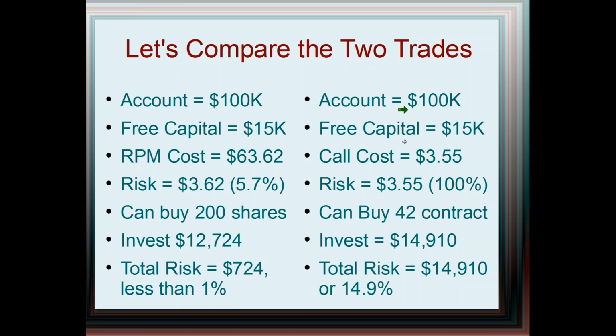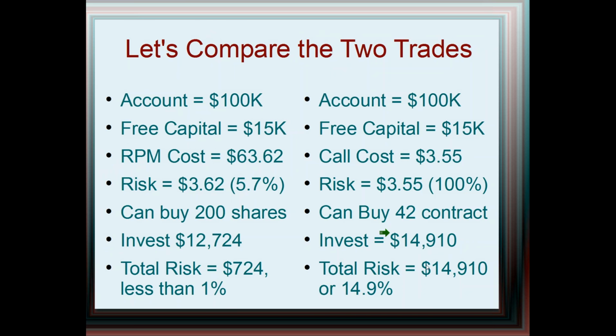On the right, you've got a similar account. You've got $100,000 total portfolio value, $15,000 of free capital, and the call is only going to cost you $3.55, which is your risk. Now with $15,000 in free capital, you could afford to buy 42 contracts, which means you would invest $14,910 into the Foot Locker January 60 calls.